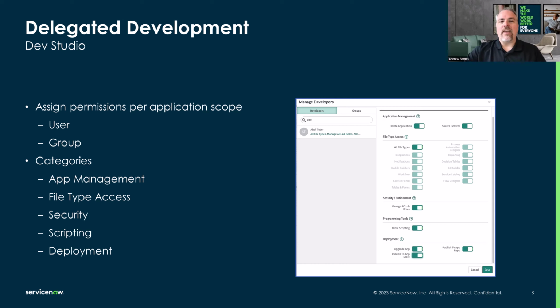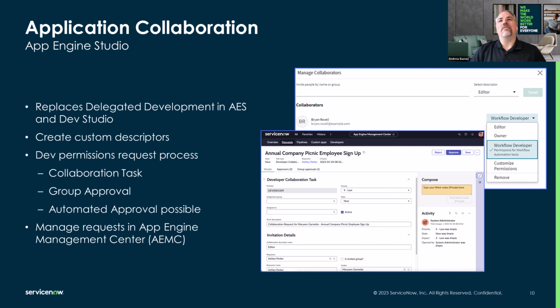And why is that? You might see it this way when you go to Dev Studio and you go to manage developers. But if you go to Dev Studio and you don't see manage developers, you'll see manage collaborators. And that will mean that you have App Engine Studio installed.